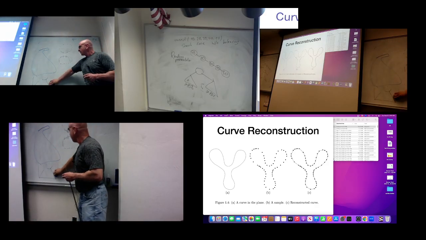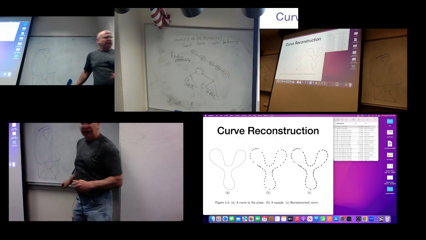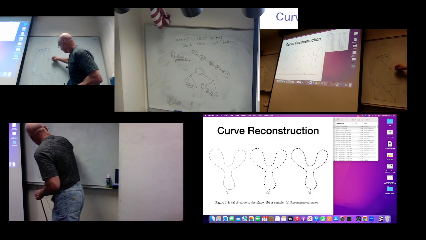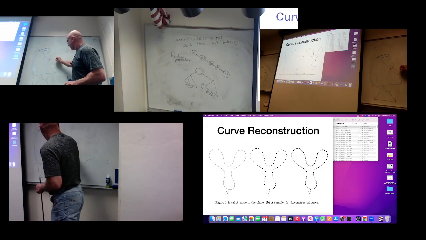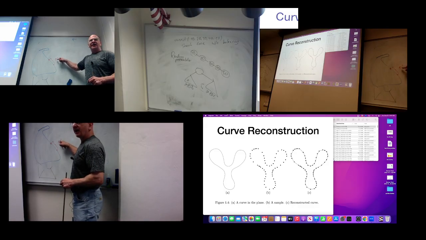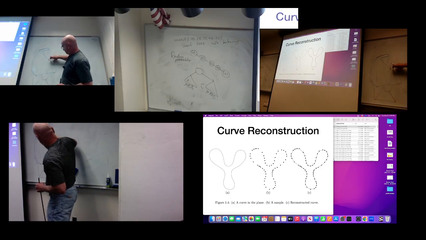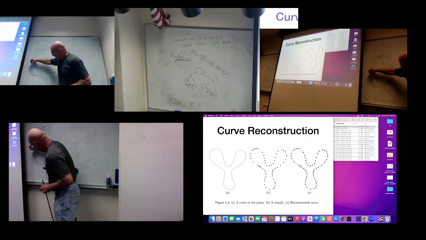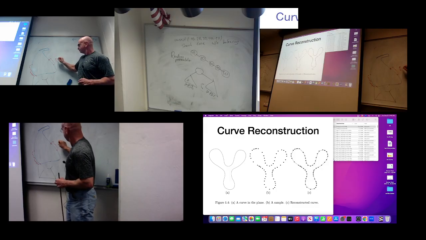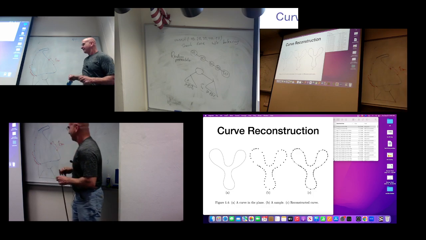So here is my shape, and my first attempt to give you a criterion about whether you sampled enough would be, let's measure a distance, let's call it 1 centimeter, and place points 1 centimeter apart from each other.